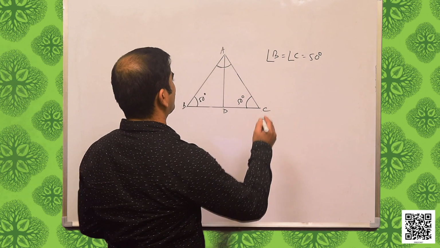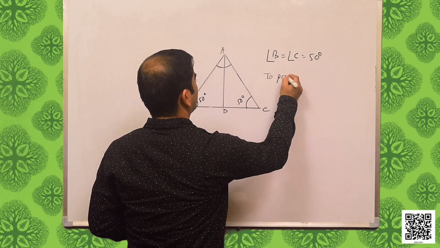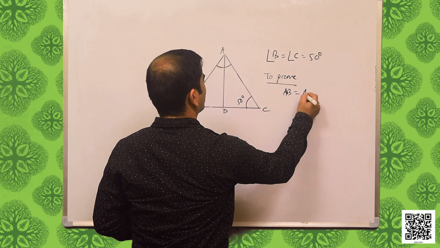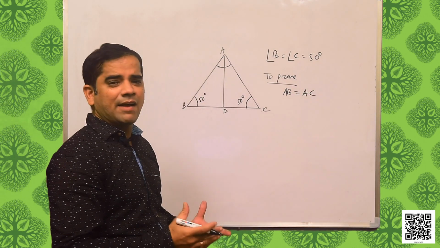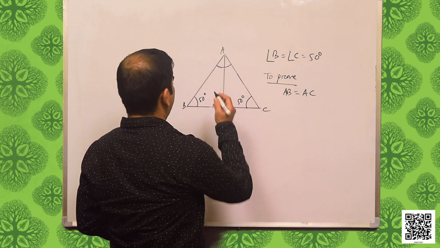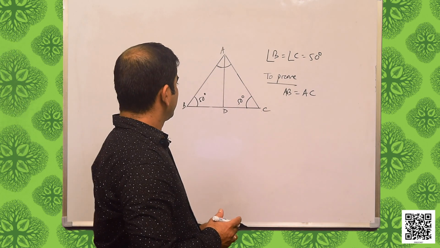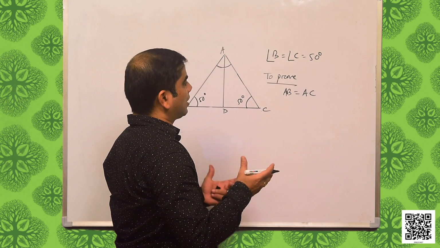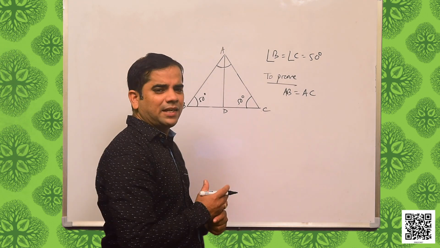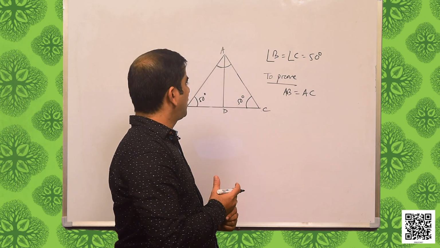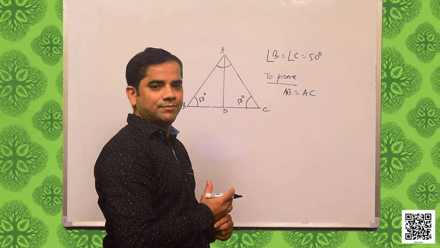That means we need to prove AB is equal to AC. Fine. So, in the same way, if we can prove that triangle ABD and triangle ACD are congruent to each other, then we come to a conclusion that AB is equal to AC, because they will be corresponding sides of the congruent triangles.